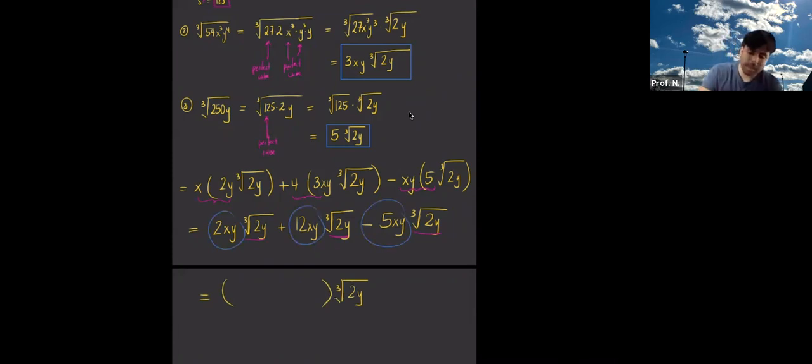So all I have to do is combine 2xy plus 12xy minus 5xy. The good thing is these are all common like terms as well. 2xy plus 12xy is 14xy, minus 5xy is a total of 9xy cube root of 2y.